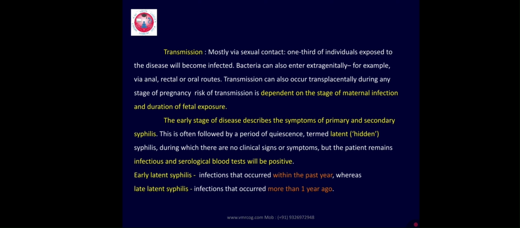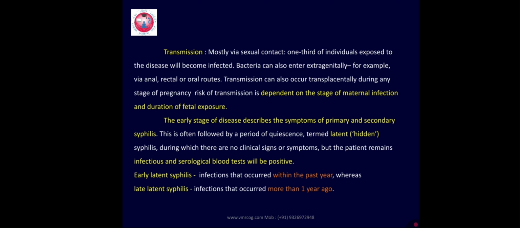The early stage of the disease comprises the symptoms of primary and secondary syphilis. This is often followed by a period of quiescence, termed latent syphilis. Okay, during this there are no clinical signs or symptoms, but the patient remains infectious and the serological blood test will be positive.